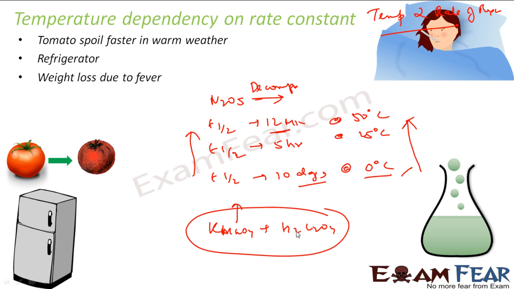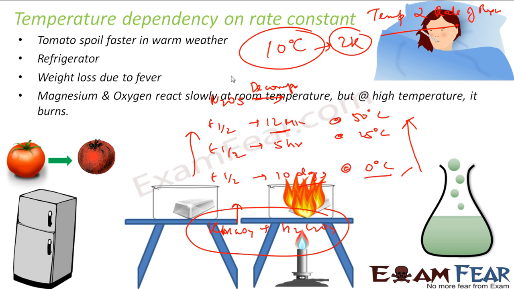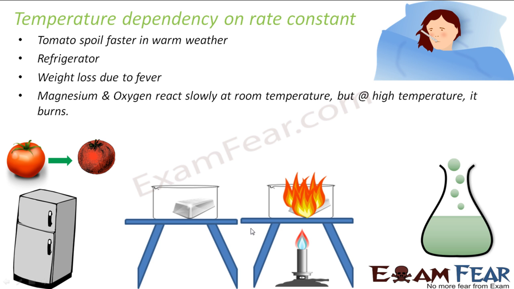It has been found, and I have told this also, that for a given chemical reaction, for every 10 degrees Celsius rise in temperature, the rate constant is almost double. We will understand this in more detail now.